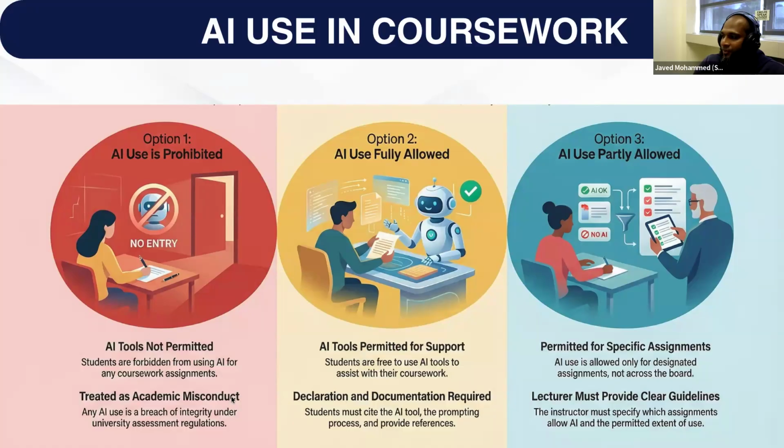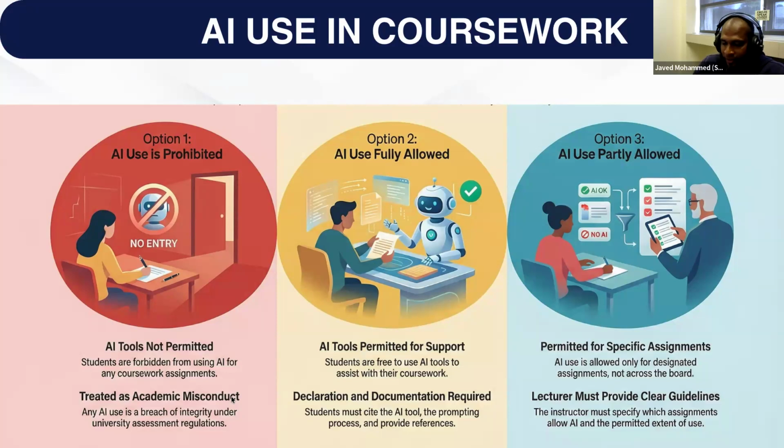Again, you have to be very clear with this. You're permitting use of it in all of your assignments, some of your assignments, or one assignment. You need to state that. So while designing your course and looking at your assessments, you will know that you are allowing students to use AI, so you are designing your assessment to accommodate this.